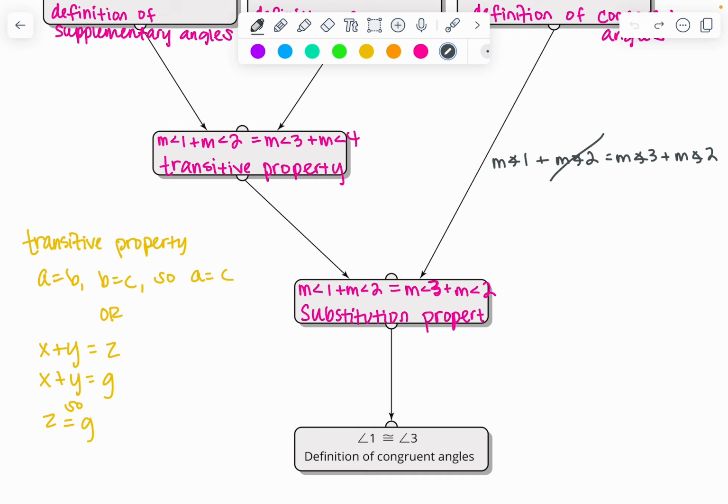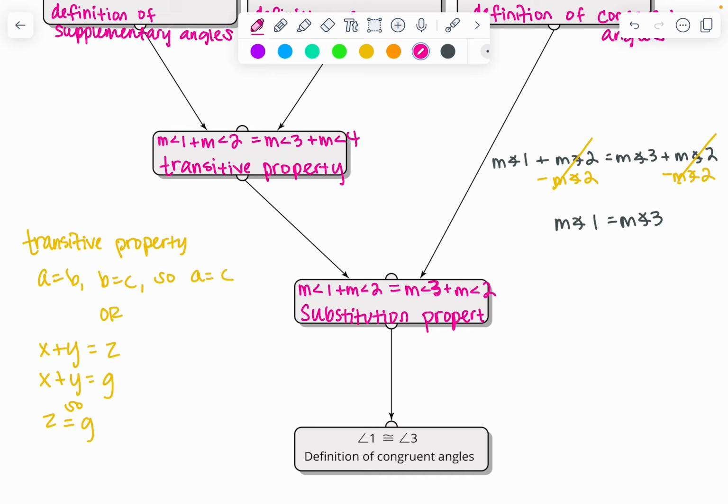In order to get rid of those two, we're going to have to subtract them. I mean that mathematically. So we're going to use the subtraction property of equality to get us here, and that's exactly where we want to be.